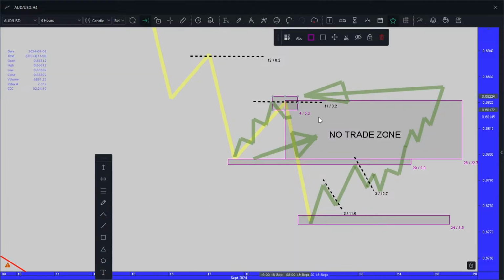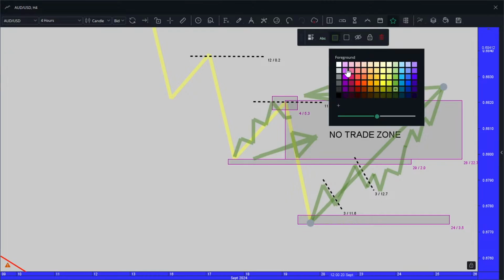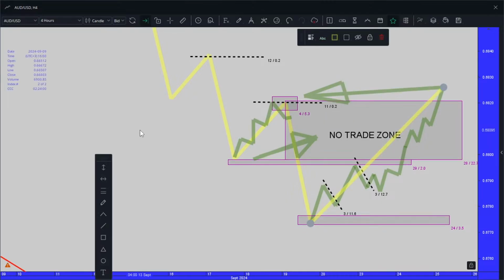And when the market breaks the support in a downtrend, what do you see? Are we in a downtrend or are we in an uptrend? The yellow one.